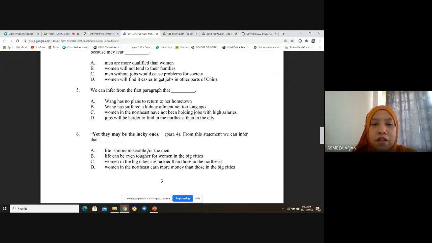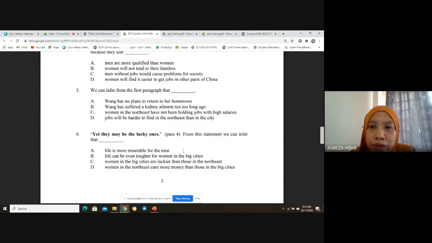When you infer, you cannot find the answer directly stated in the passage, but based on the passage, you can guess intellectually. You can make an assumption that this is correct. So when you infer, it has to be something that can be read between the lines.